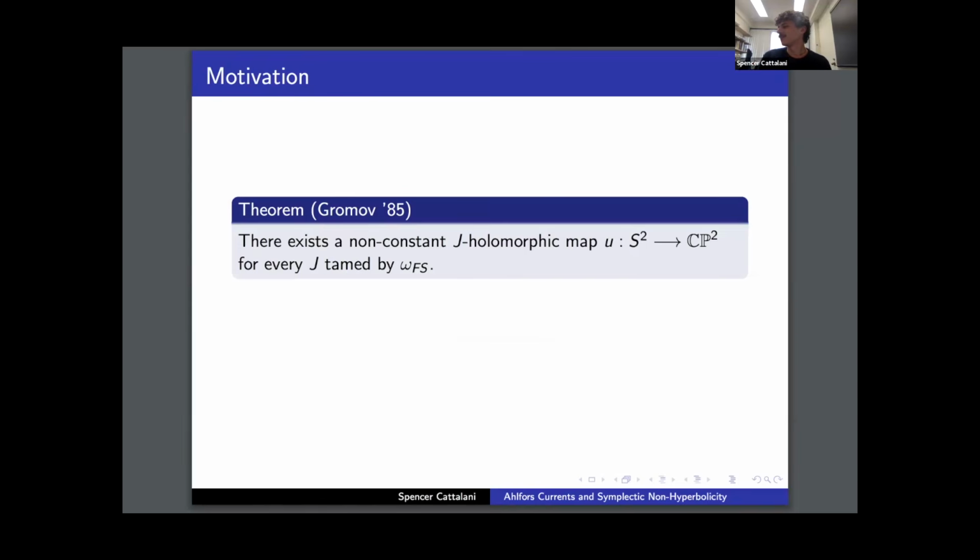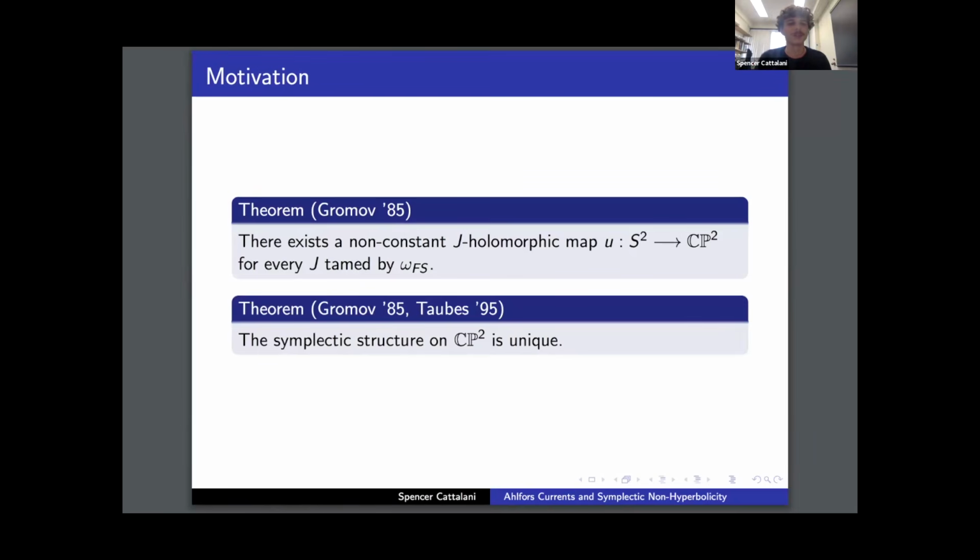You prove this using Gromov compactness. You get a nice family of curves, and using a similar argument, using sweep-outs of curves and so on, you can use this to prove the symplectic structure on CP2 is unique.